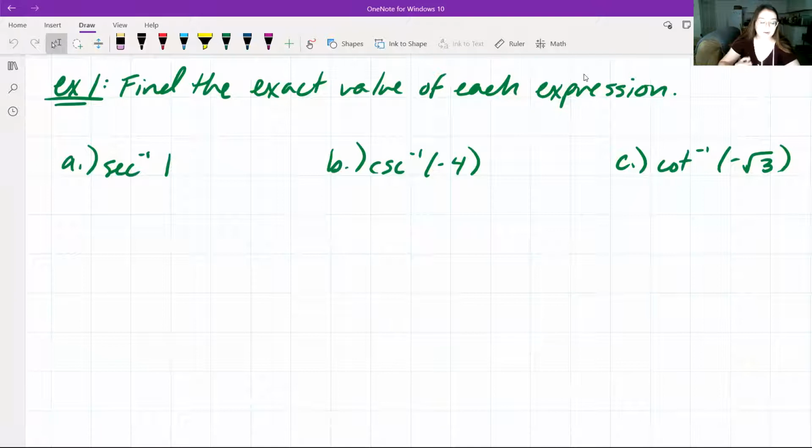Knowing what we know about secant, we're going to do what we did with our other problems where we found exact values for expressions.